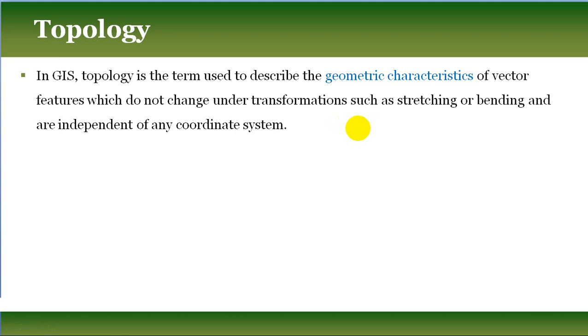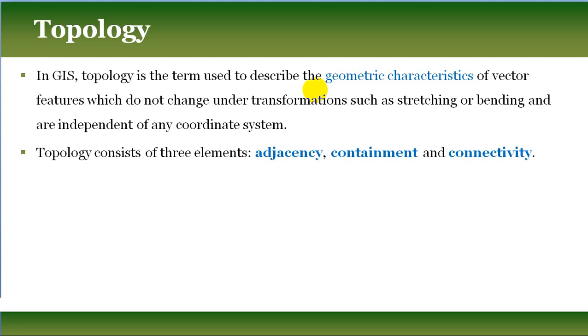So whenever you stretch any point, any line or any polygon feature, the topological characteristics of the vector data will never change, and it is also independent of any coordinate system. Your vector data can consist of any type of coordinate system; topology does not depend on it. So topology basically describes the geometrical characteristics of the data.